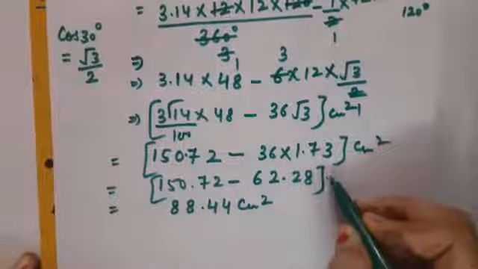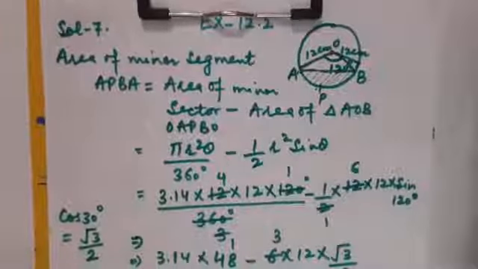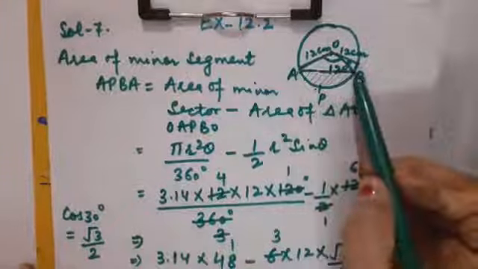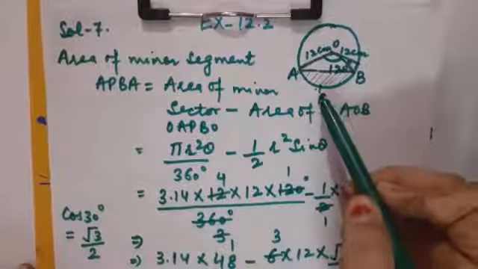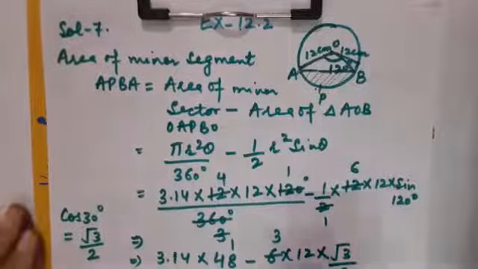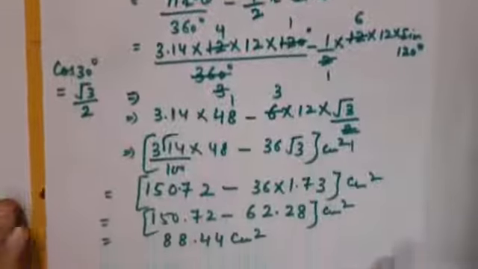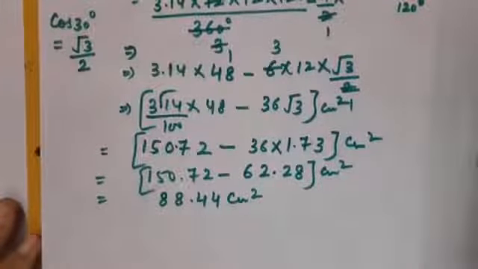So this is the required area of the minor segment. How did I calculate? First of all, I calculated the minor sector, and then I subtracted area of triangle using the formula half r square sine theta. So this is the answer of this question.